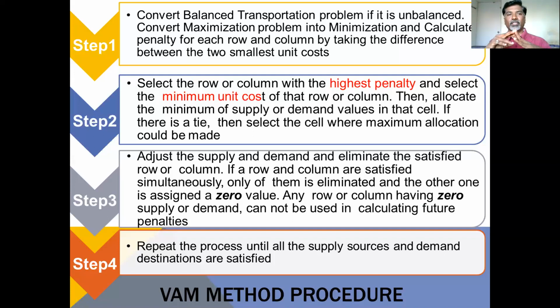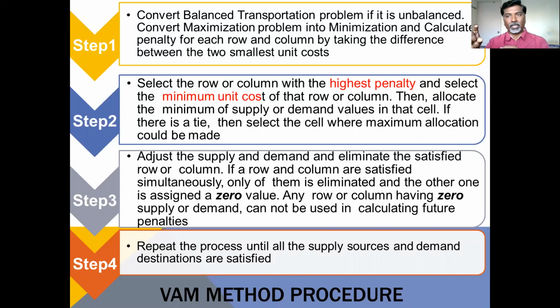Once you calculate all those things, then in the second step, you have to view all the penalty values and select the maximum or highest penalty value, which may be either in a row or a column. If the highest penalty value is in a particular column, then you have to select the minimum cost from that column.